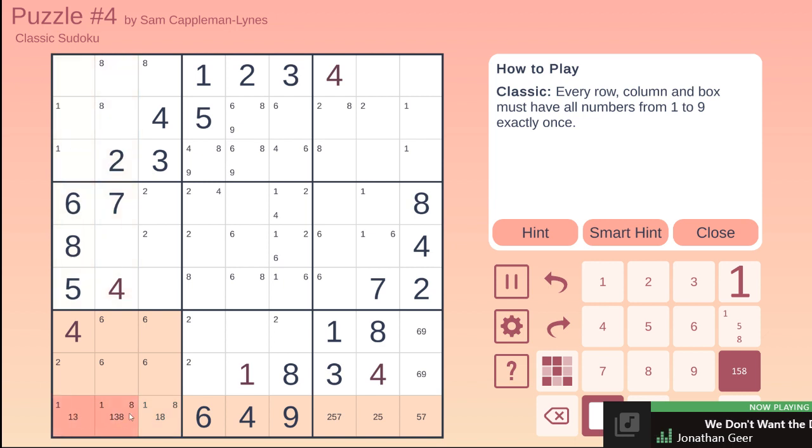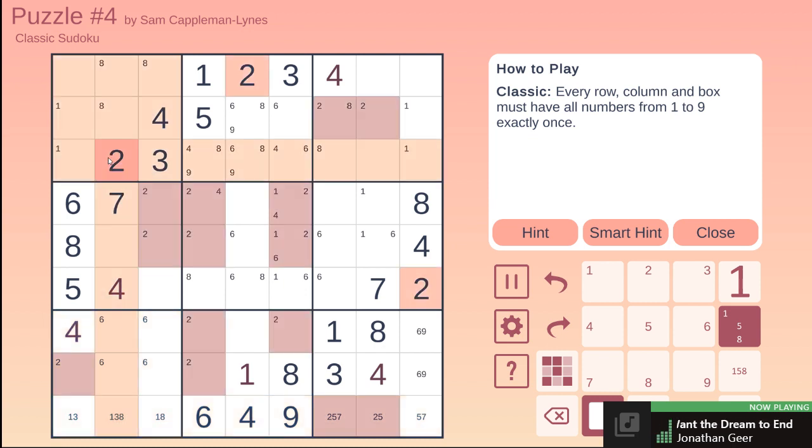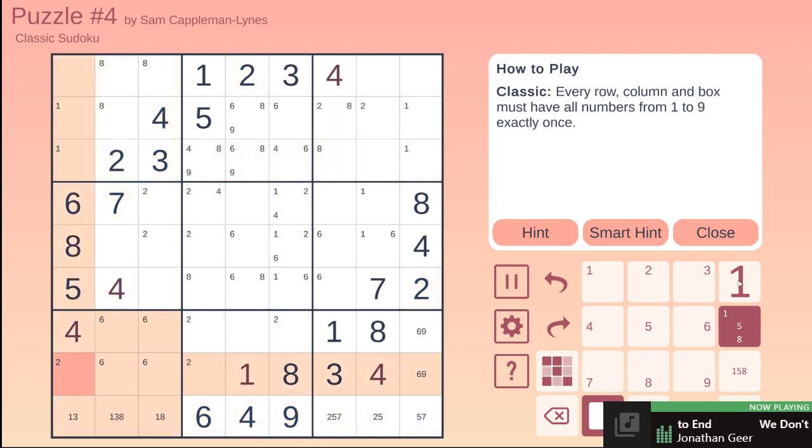Choose one of these 3. Good. Very good. Where does 2 go in this box? It has to go here. That's a 2.